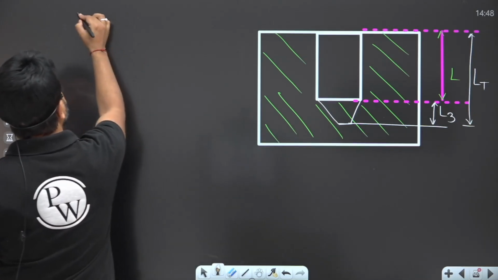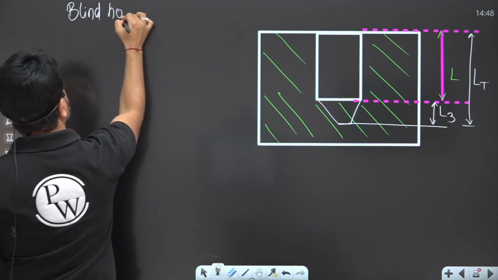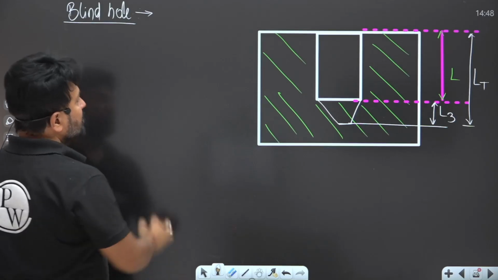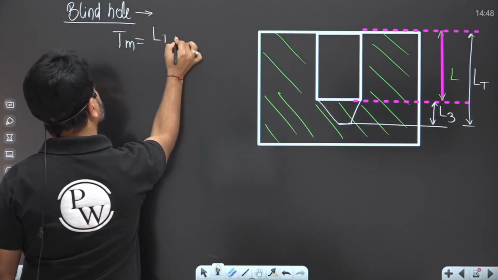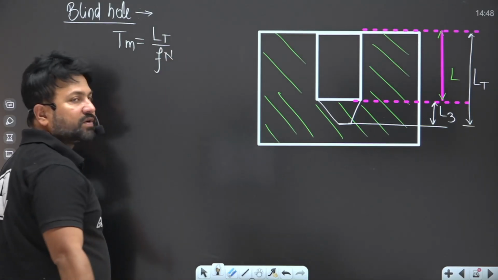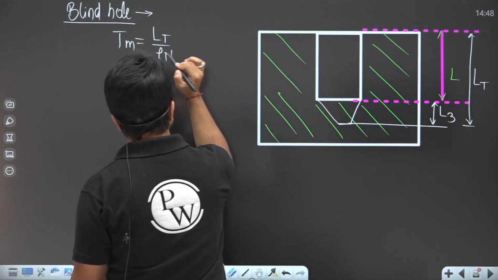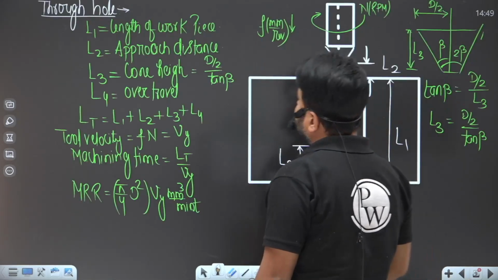So the total machining length, I'm talking about the blind hole. Machining time is total machining length divided by F into N, if the drill is rotating with RPM N and having a downward feed F. So this is the case of a blind hole.